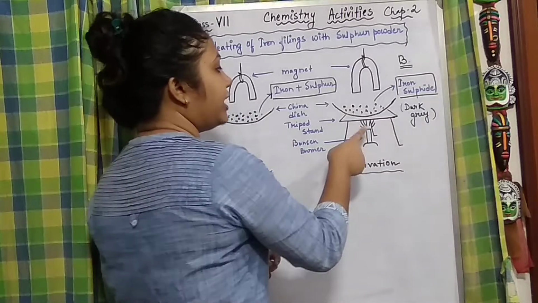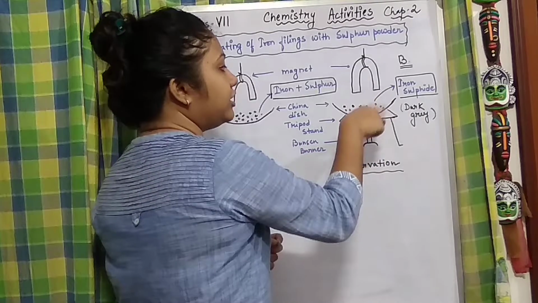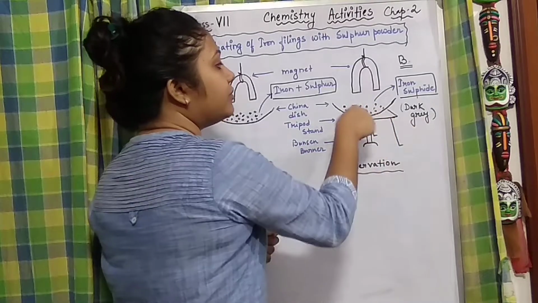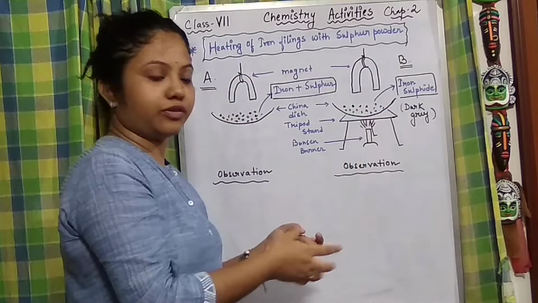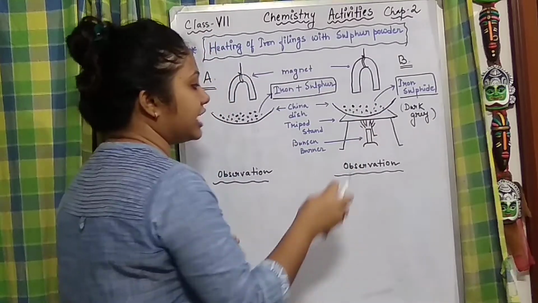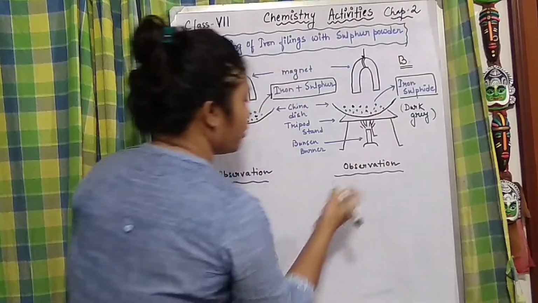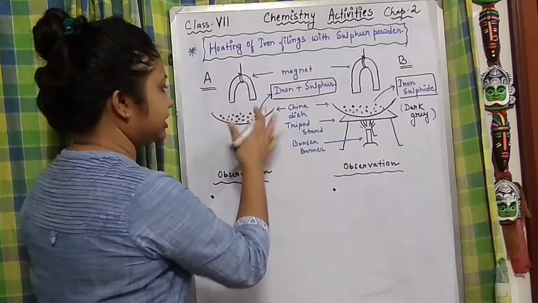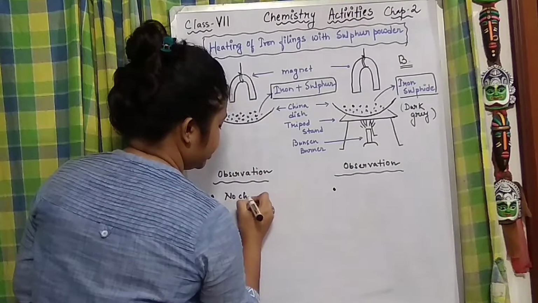Okay, so we have started the Bunsen burner, and gradually we will see what? We will see that this mixture of iron filings and sulfur powder will gradually melt. Here the observation in set A will remain no change. No change.